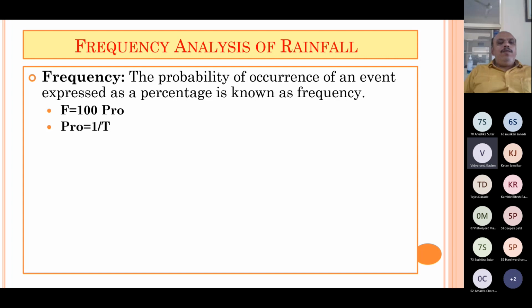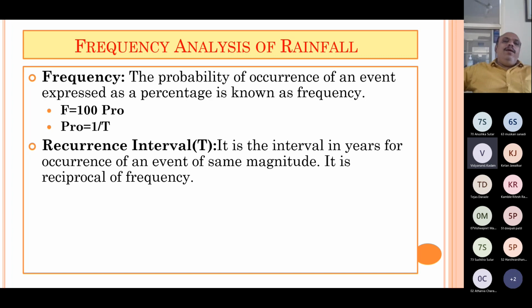Probability is worked out as 1 upon T, where T is the return period or recurrence interval. What is recurrence interval or return period? Recurrence interval T is the interval in years for occurrence of an event of the same magnitude, and it is the reciprocal of frequency. Probability is 1 upon T.